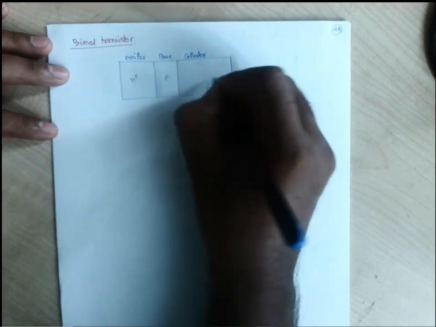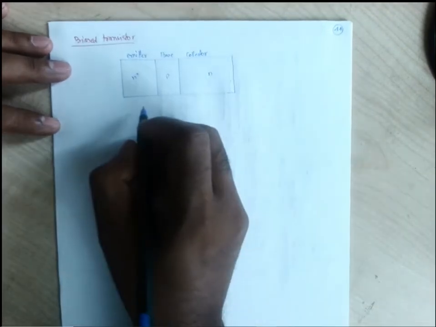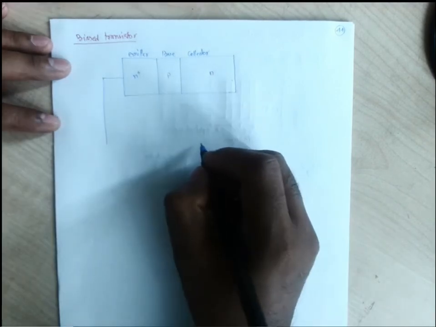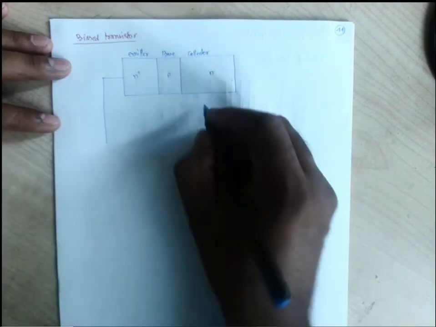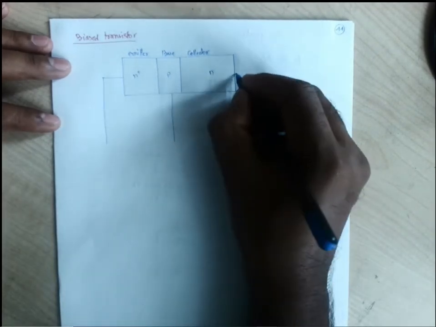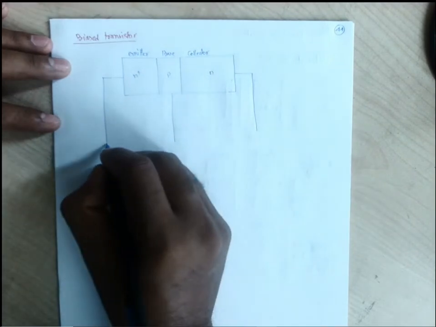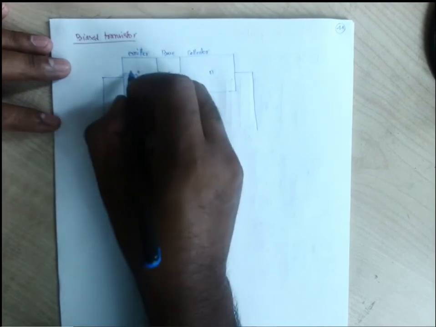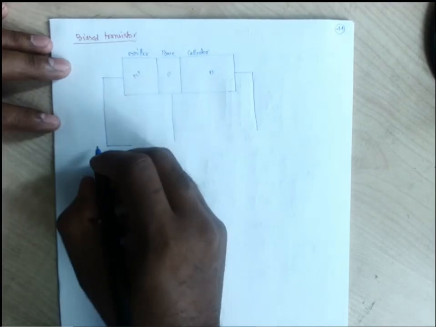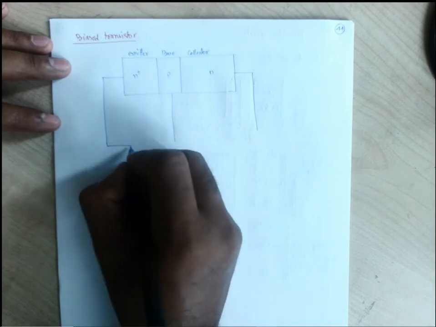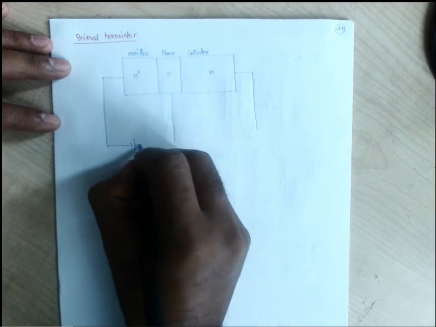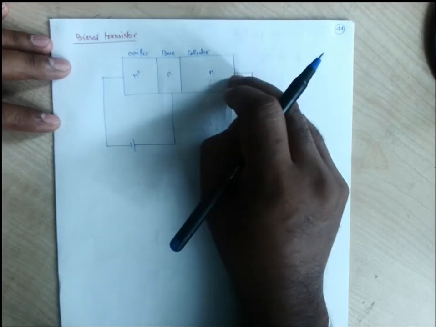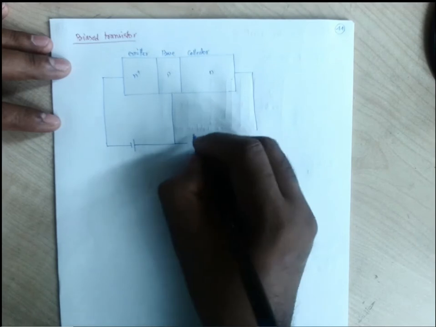N plus P N. So we need to provide the emitter base junction as a forward bias. So these are the three terminals. This forward bias means N should be connected with the negative terminal of the battery, and for this N should be connected with the positive of the battery.